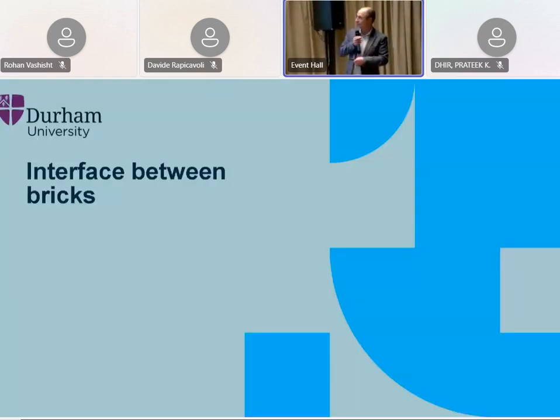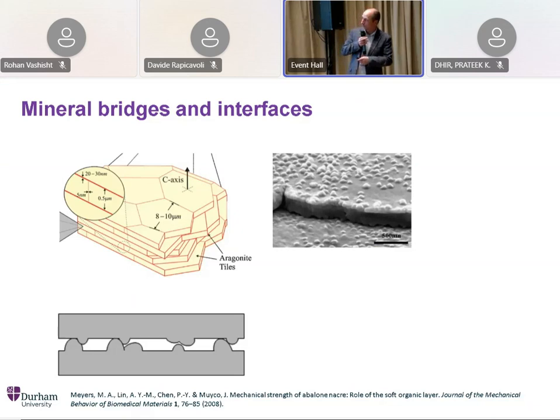Next slide. But I wanted to highlight something that maybe is overlooked, and I think it was mentioned by Bartolomeo and others. If you analyze those natural structures, they also have quite intricate interfaces. So it's not only the fibers in between the bricks, but the interfaces are not smooth.